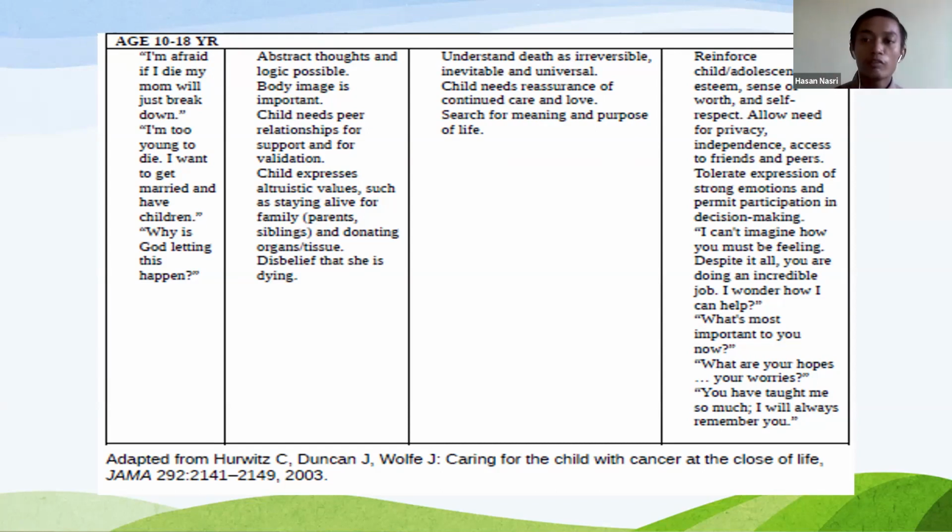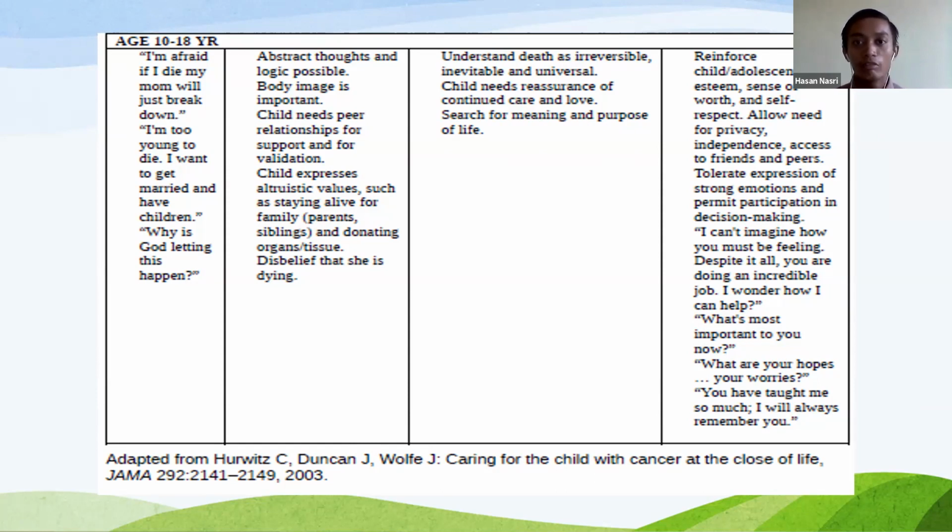So we reinforce the child's self-esteem and self-worth, and allow for privacy, independence, and access to friends and peers. We tolerate what they are feeling, because it is true.